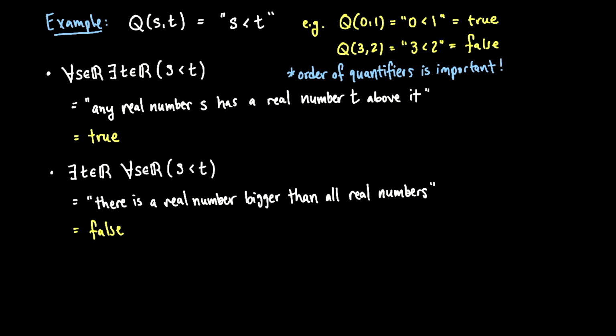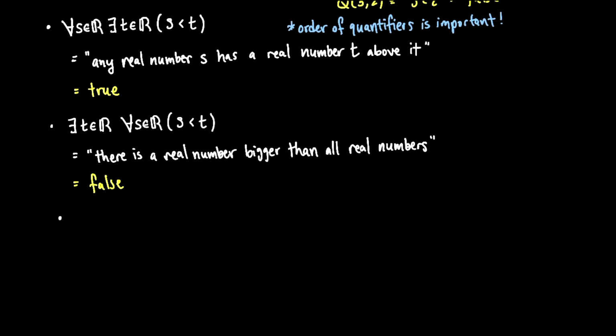Okay, let's give some other examples of quantifying this statement. Let's say there exists a real number s, and let's use the existential quantifier for both s and t. So there exists a real number s, and there exists a real number t such that s is less than t.